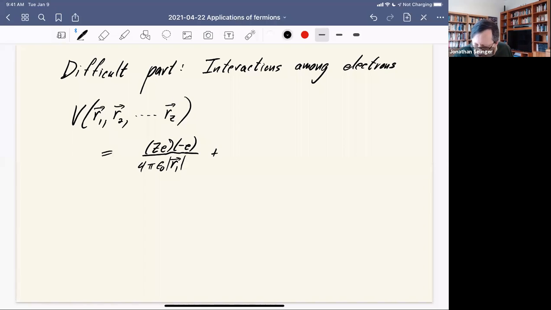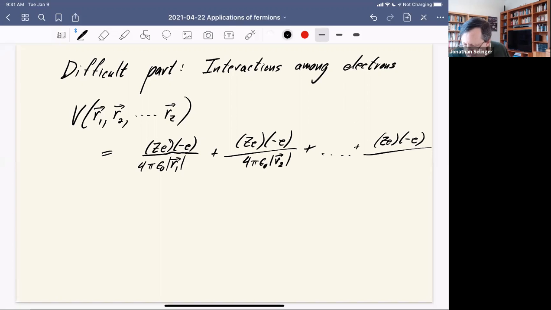And then ZE times negative E over 4 pi epsilon naught magnitude of R2, up to ZE times negative E over 4 pi epsilon naught R sub Z. This stuff is all electrons individually interacting with the nucleus. Then we have the electrons interacting with each other.